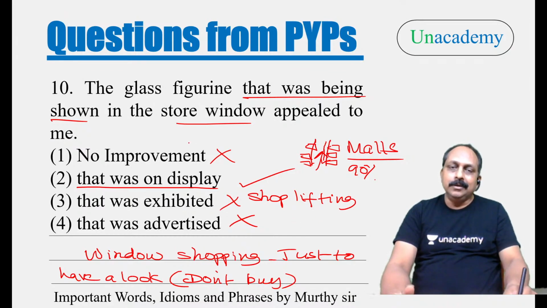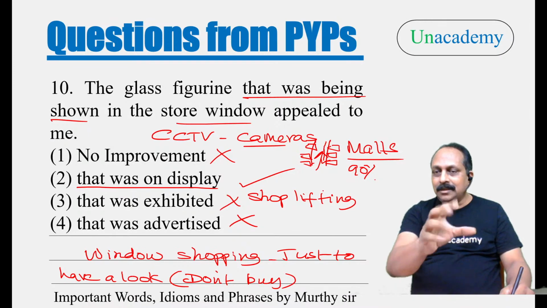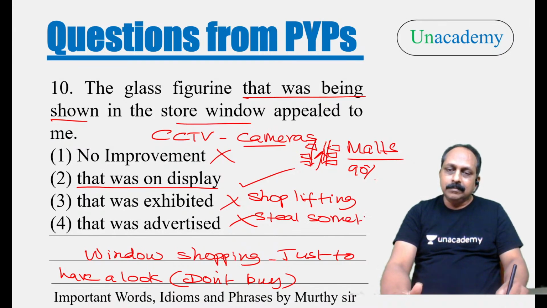What is the reason? Today, if you go to any shop, you come across that every shop has CCTV cameras. Yes or no? CCTV cameras. So it is not easy to steal something from the shop. Shoplifting means steal something from the shop.